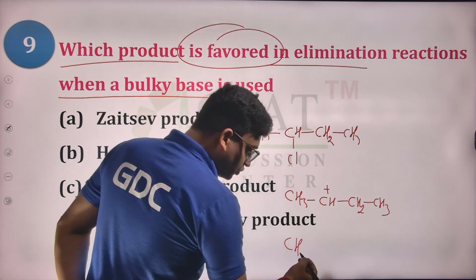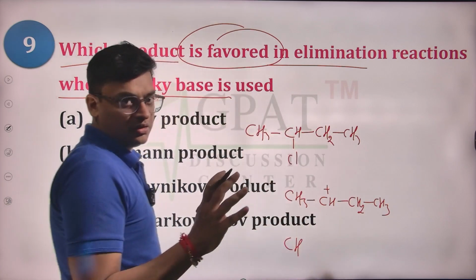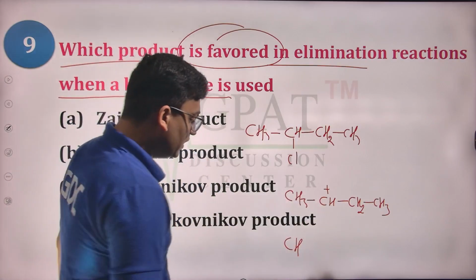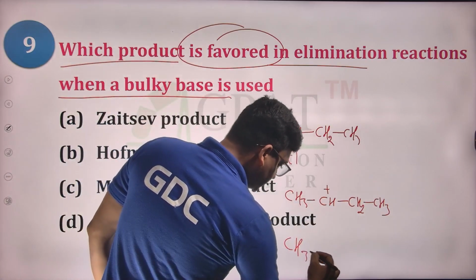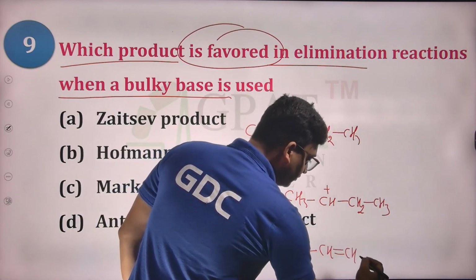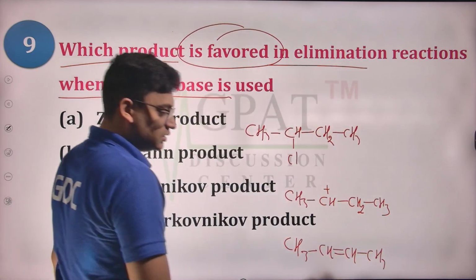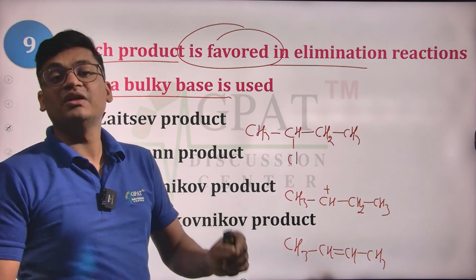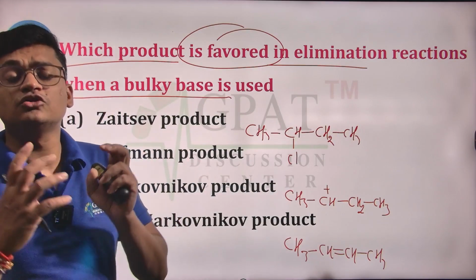So Zaitsev said we remove the proton from the carbon that gives you a more substituted alkene. Suppose we remove this proton from this CH2 carbon, that will give you CH3 CH double bond CH CH3. This is your Zaitsev product. This is only possible when we are using smaller bases that are not so bulky.